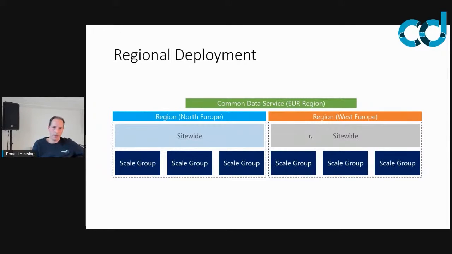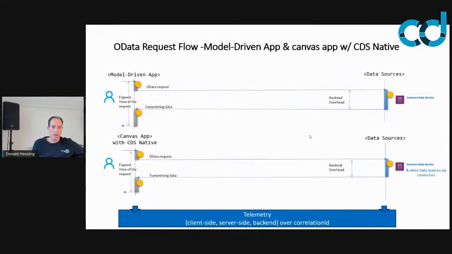So great from an availability and scalability perspective. The Common Data Service has less overhead than the connector model. So there is now a native connector for CDS. If you have built applications on top of CDS, please check whether you're using the native connector, because there are significant performance improvements with the native connector.